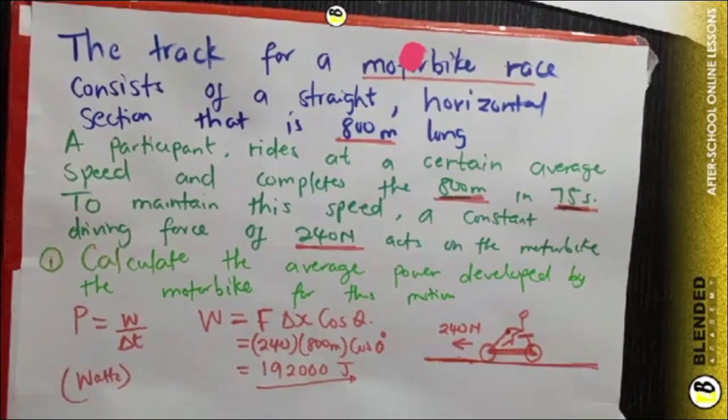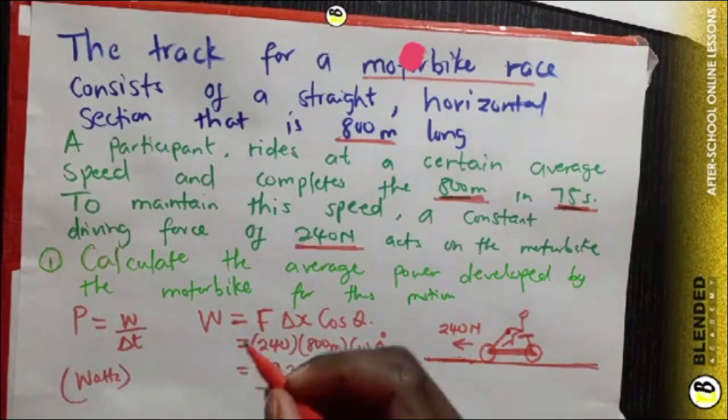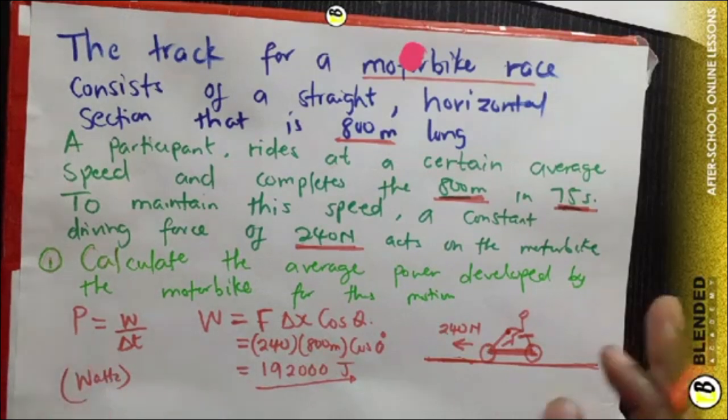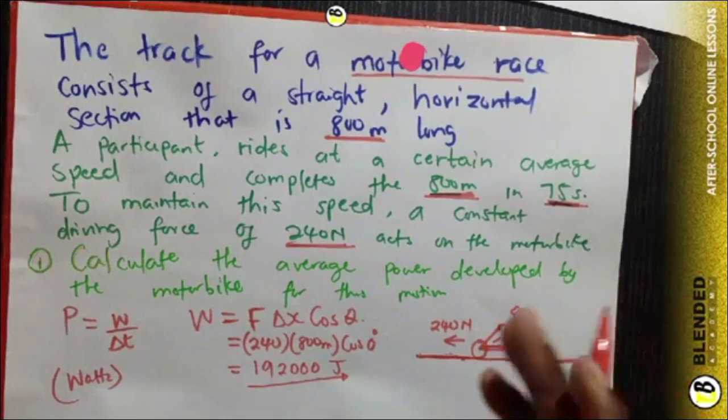Okay, so now we haven't fully answered this question. We've answered only one part of it, which leads us to the second part, where we need to calculate the power. All right, so we're going to use this work to find the average power. Okay, so remember, power is given by work done divided by the time.